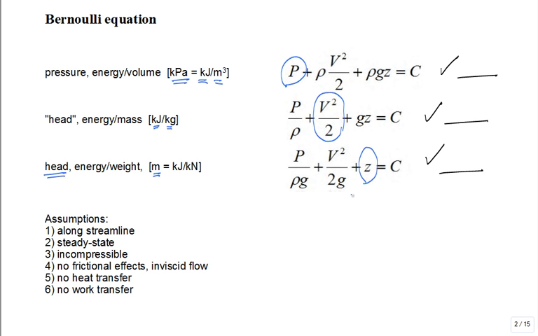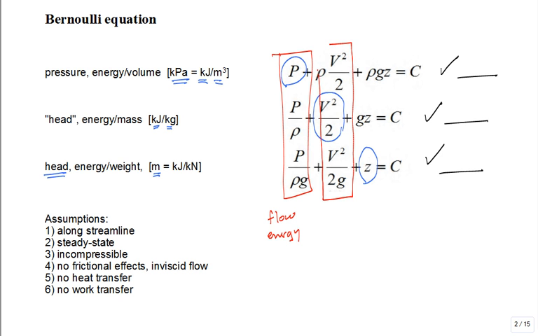Okay, so each one of these three terms represents flow energy. Each one of these three terms represents what type of mechanical energy? Kinetic energy. And each one of these three terms represents what? Potential energy. A lot of times I may emphasize gravitational potential energy, right?